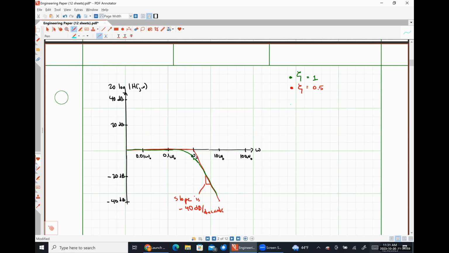Let's do this light blue color. For zeta is equal to 1/4, we should have a correction of positive 6 decibels. So a point about right here.